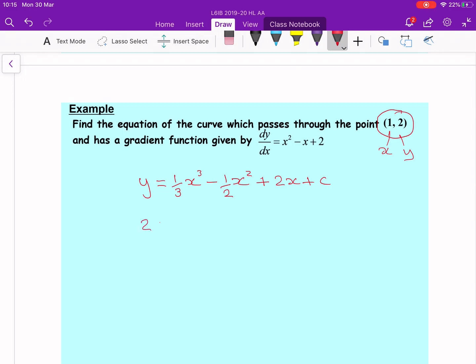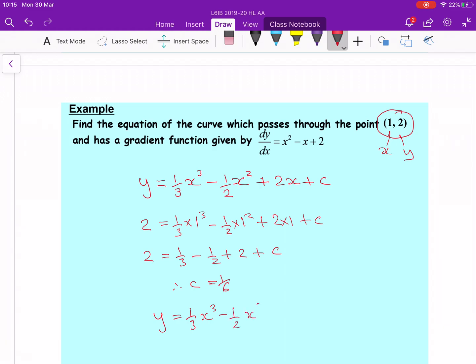So if I replace y with 2 and x with 1, then I can actually work out what I get for c. And it turns out that c is equal to 1/6. So there's my equation.